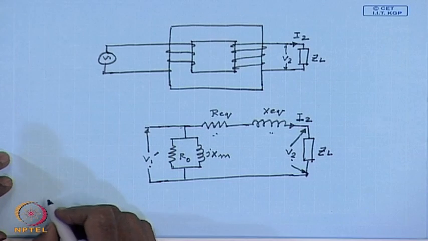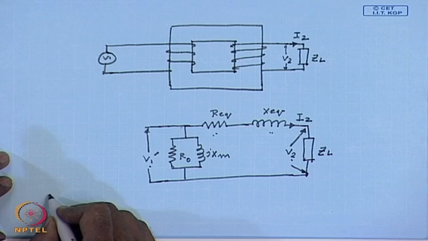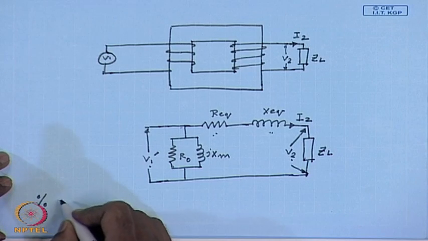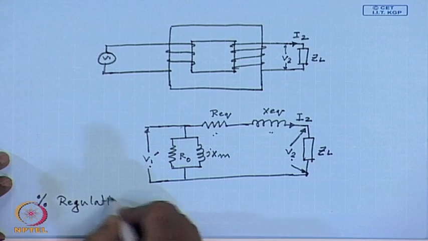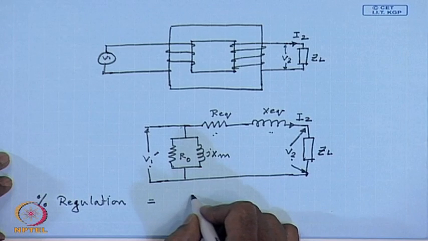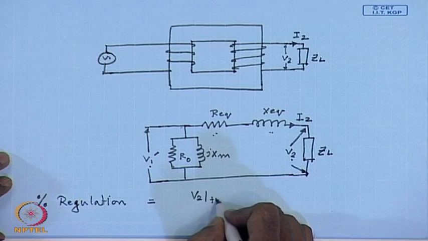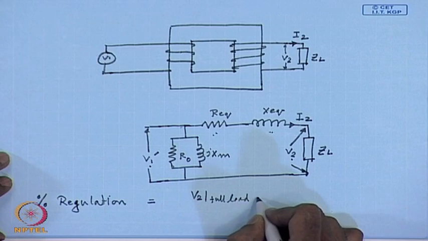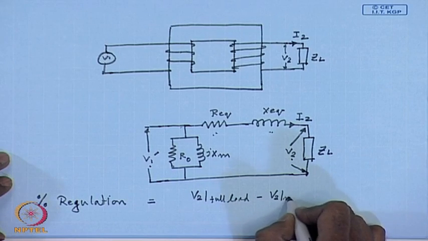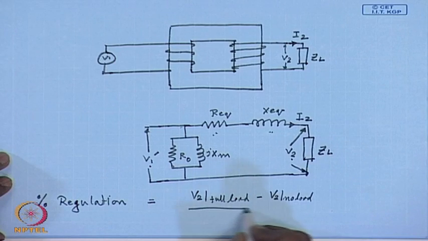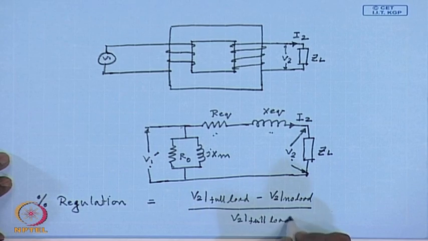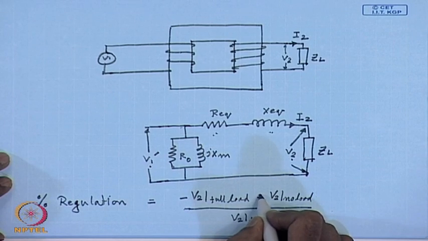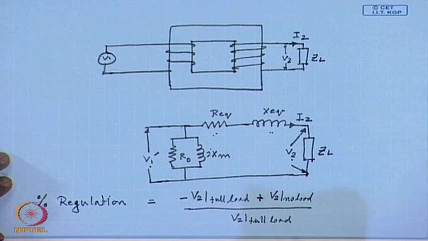That is, percentage regulation, full load percentage regulation of a single phase transformer is defined as V2 at no load minus V2 at full load divided by V2 at full load.